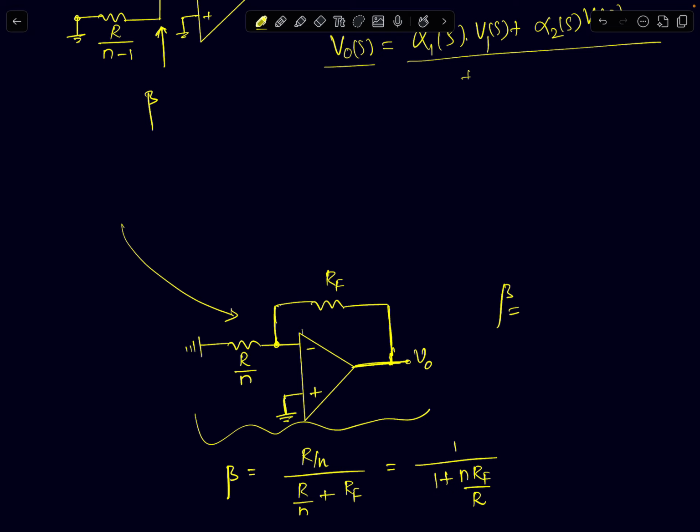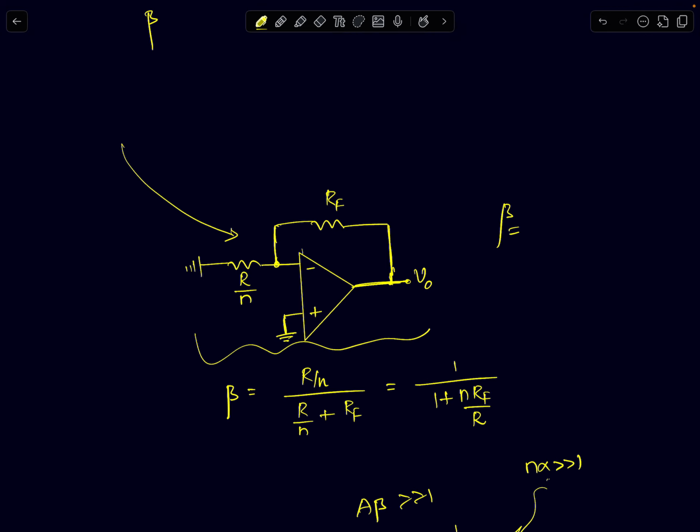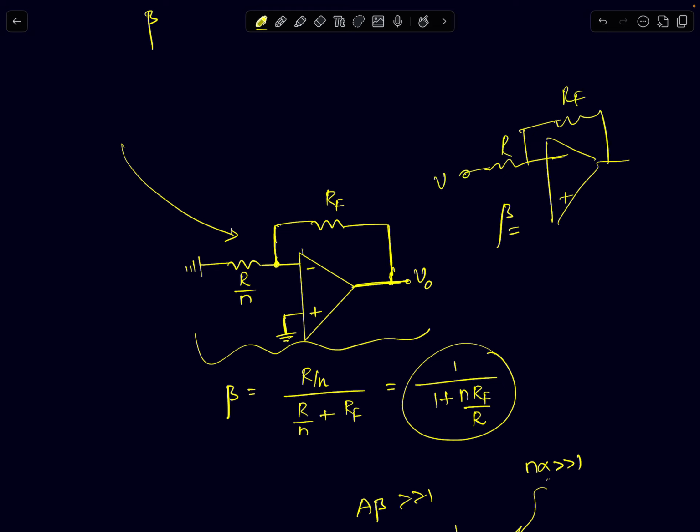So now if you see, the feedback factor in the circuit becomes 1 by 1 plus n RF by R. If there were no other resistors, the feedback factor would have been, see, this is R and R, and this is V1 or some VI. I'm just saying VI is any one of those ith inputs, where i is 1 to n.